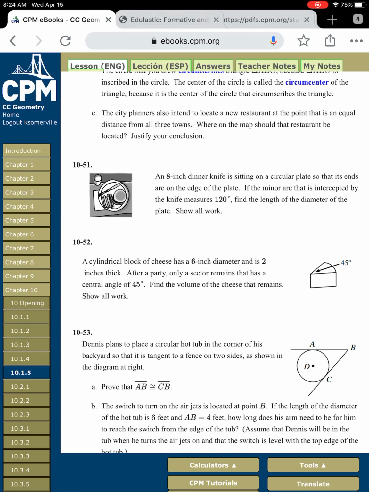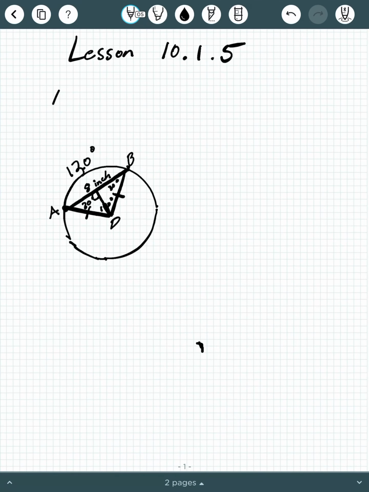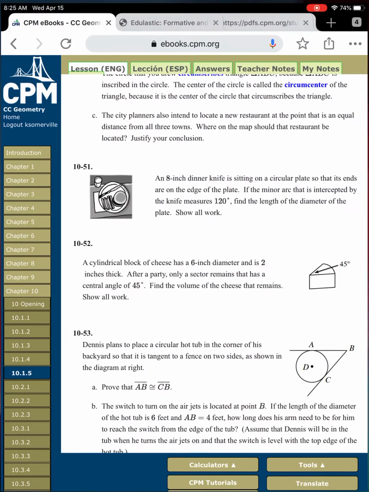Now the final problem, 53, is a really interesting one. Let's take a look at that. So we have two lines, AB and CB, which are tangent to circle D. So let's do that really quickly. All right, let me see my point names one more time.